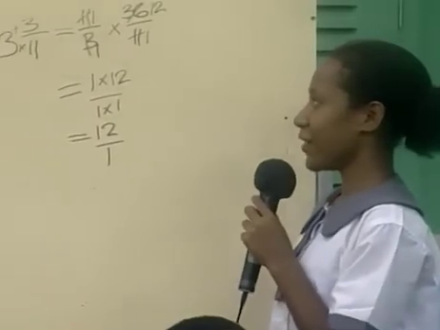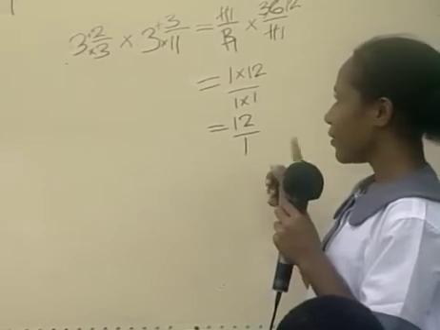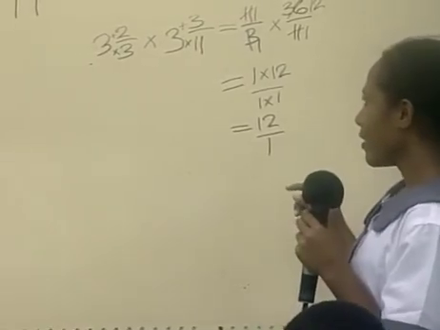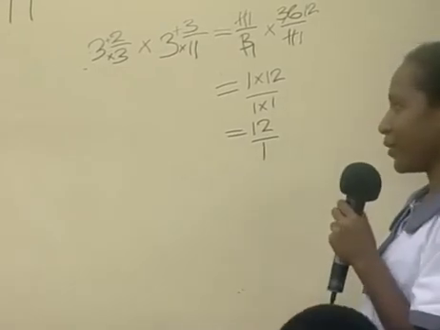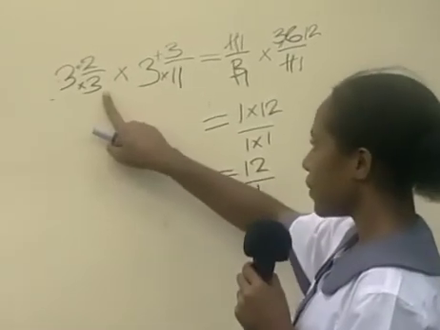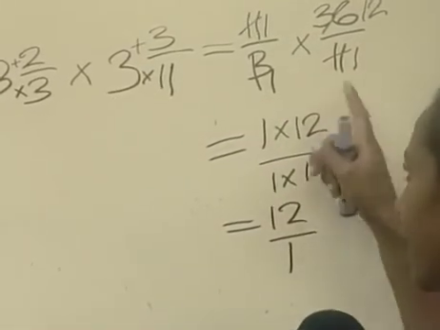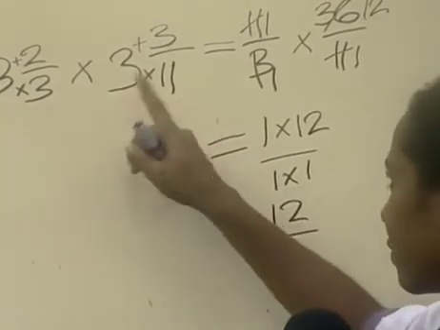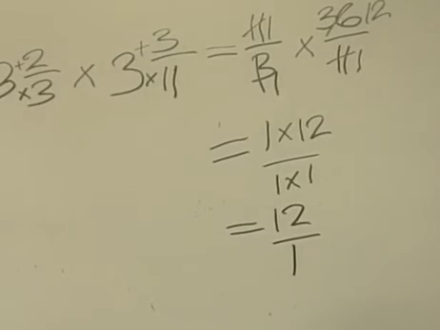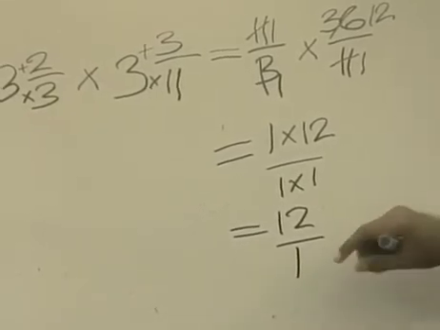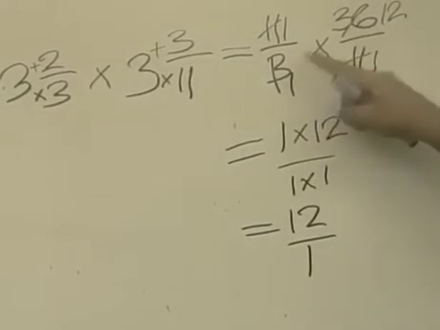Okay, this is how I got my answer. When multiplying mixed fractions, you have to change them to improper fractions first. So I did 3 times 3 plus 2 and got 11 over 3, and 11 times 3 plus 3 and got 36 over 11. Then it was easy to cancel because they had the same common factor, 3.